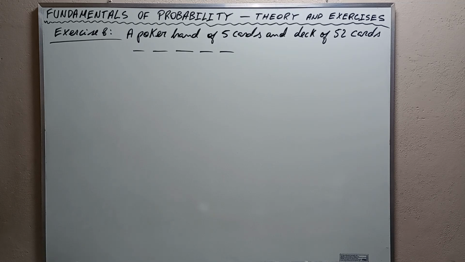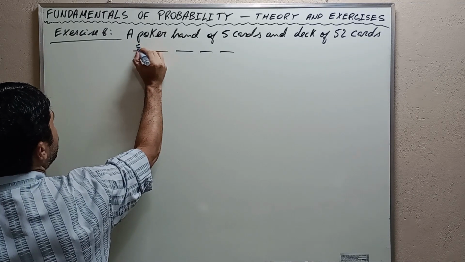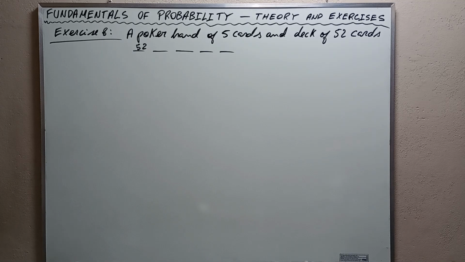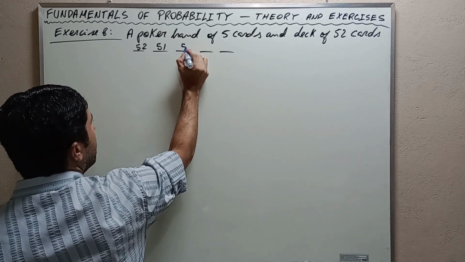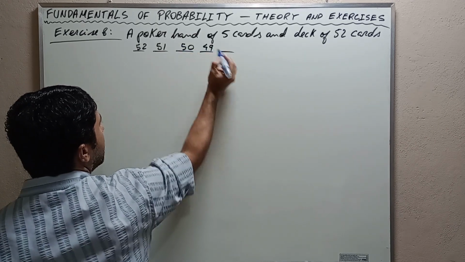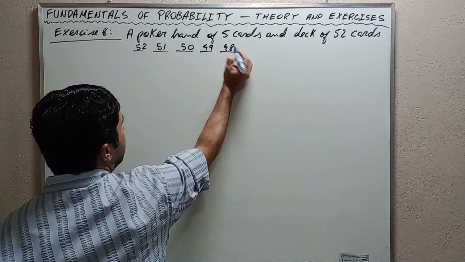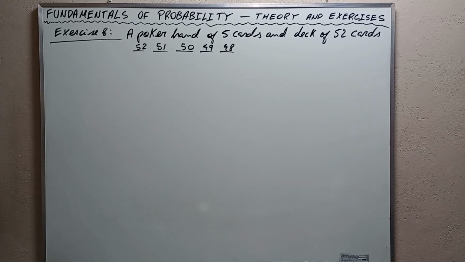Treating all the cards as equal, having equal probability, if we select randomly a card from this deck of 52 cards, for the first selection you're going to have 52 possibilities, okay? And as we have already removed 1 card, for the second selection you're going to have 51 possibilities, 50 for the third, 49 for the fourth, and 48 for the last selection, my friends.